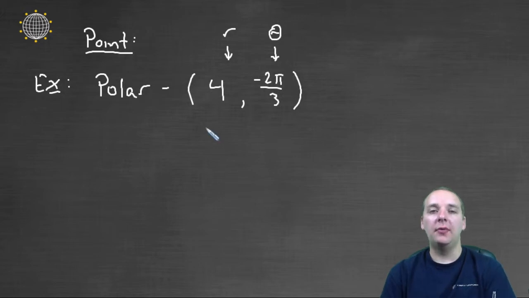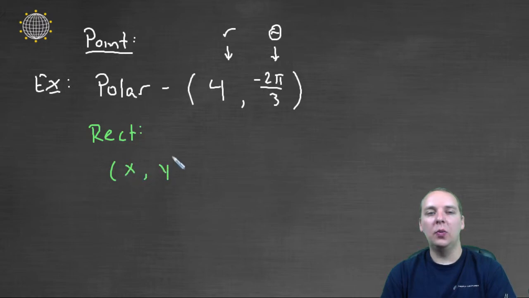So what we have for this example is a polar coordinate r theta 4 comma negative 2 pi over 3, and I would like to write this in rectangular coordinates, which is in terms of an x and a y. So what would this be in terms of x and y?